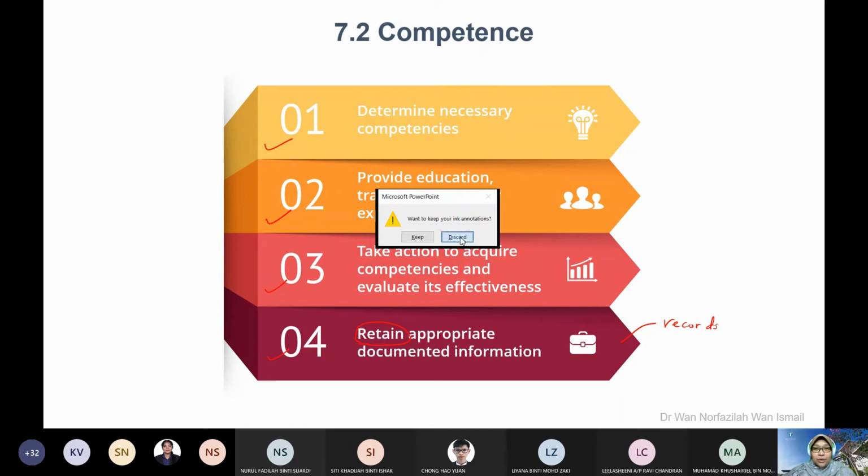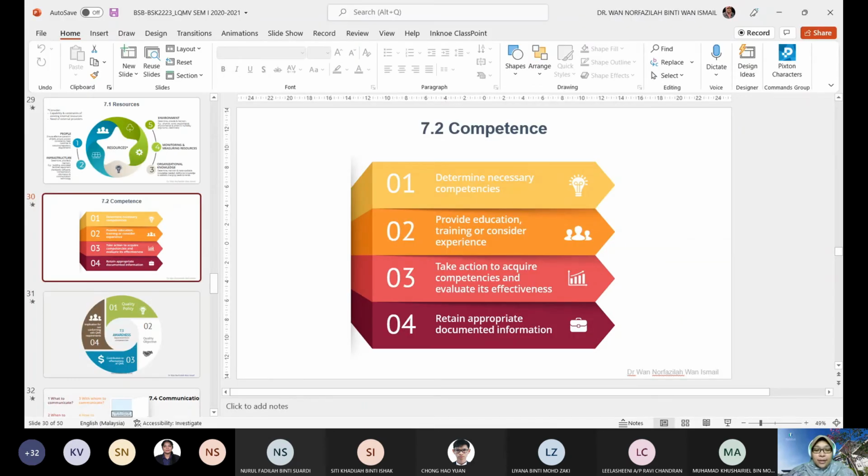You can write down on the meeting chat. So that documented information, the records, we call it objective evidence. Okay, let me write down on the meeting chat. In industry, we call it objective evidence, or in simple words, it is proof.